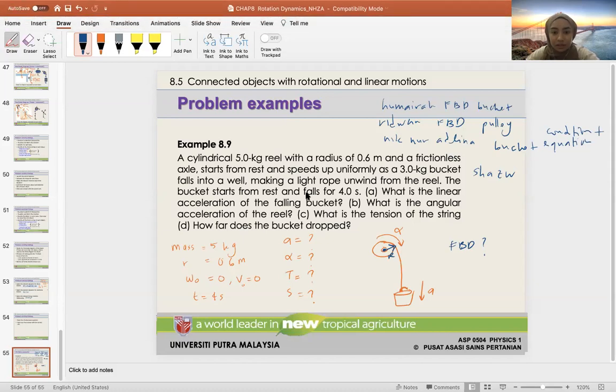Sekejap, tengok balik nama. Saya selalu tertukar. Okay, Shazwina. Sorry, Shazwina. Shazwina, free body diagram, equation, pulley, the condition and the equation. Okay, so hantar dekat WhatsApp, kita tengok sama-sama.